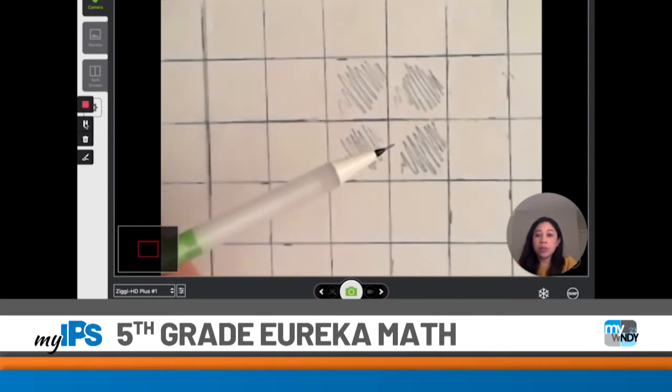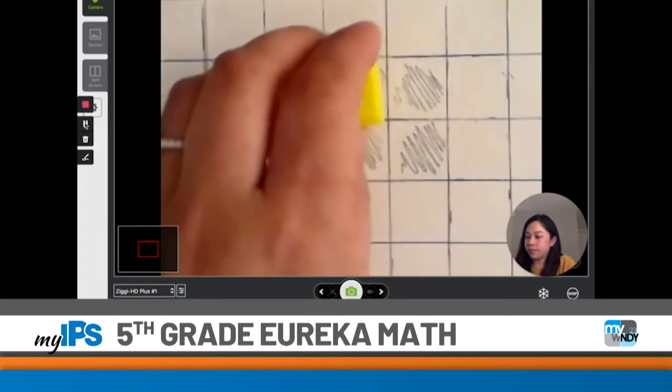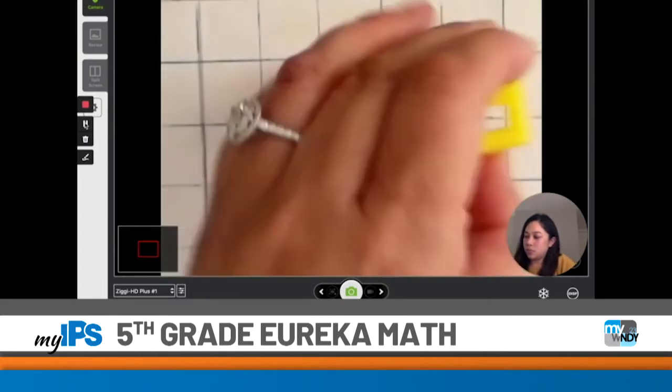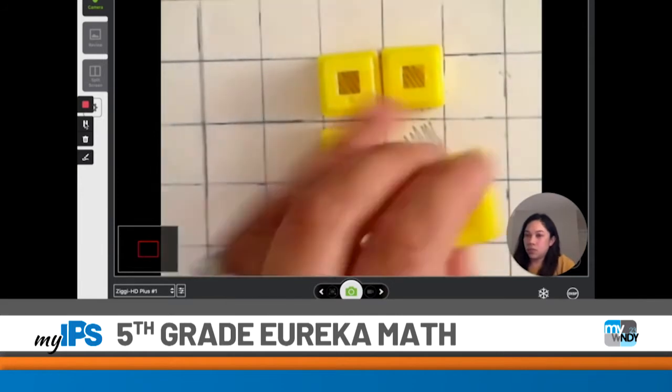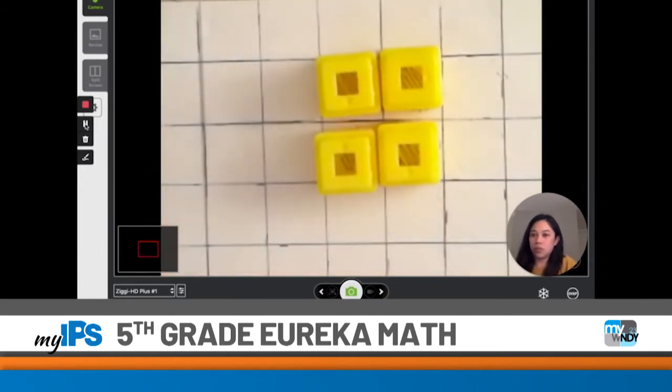So now I'm going to place 4 cubes directly on top of each shaded square. I want you to think about these 4 cubes as the ground floor of a building.